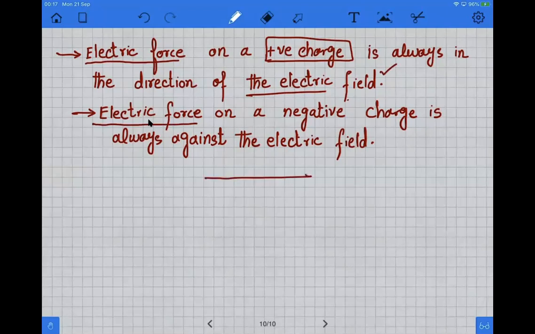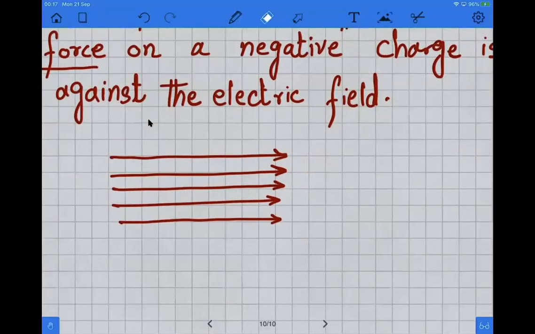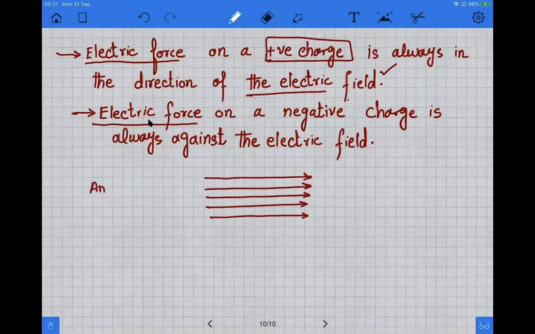Let's suppose this is an electric field, and we take a positive charge here, and the force on the positive charge is in the direction of the electric field, and if we take a negative charge here, the force on the negative charge is against the electric field.